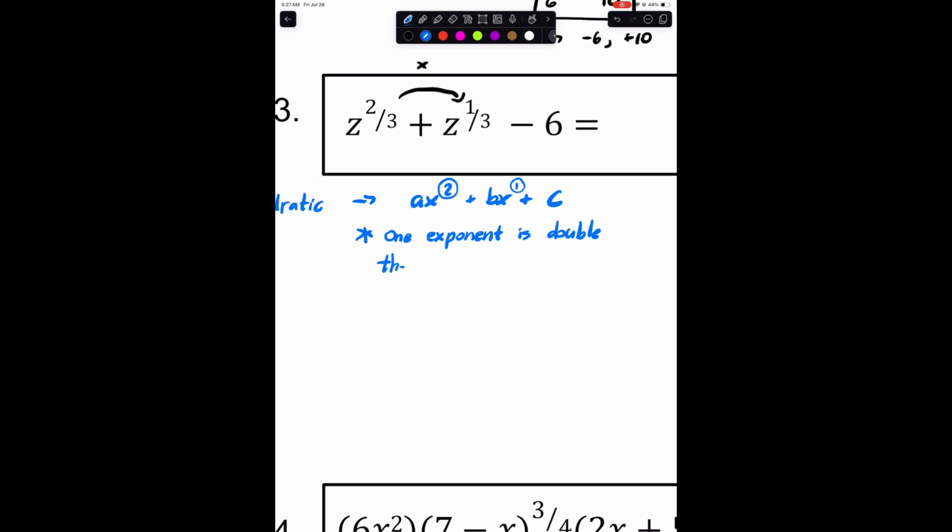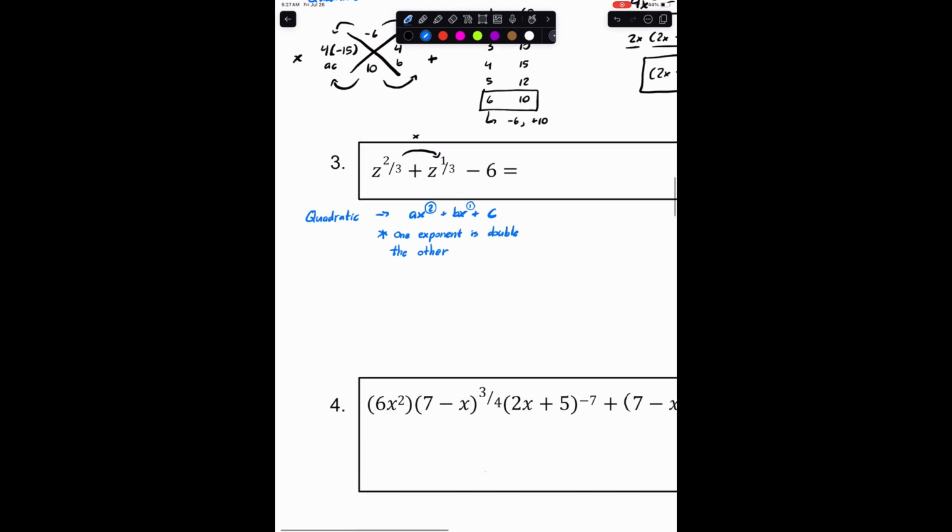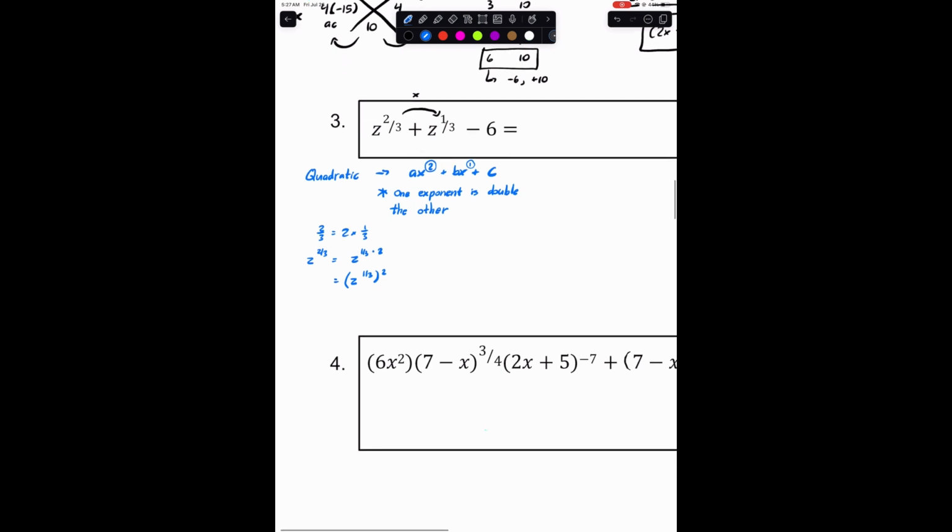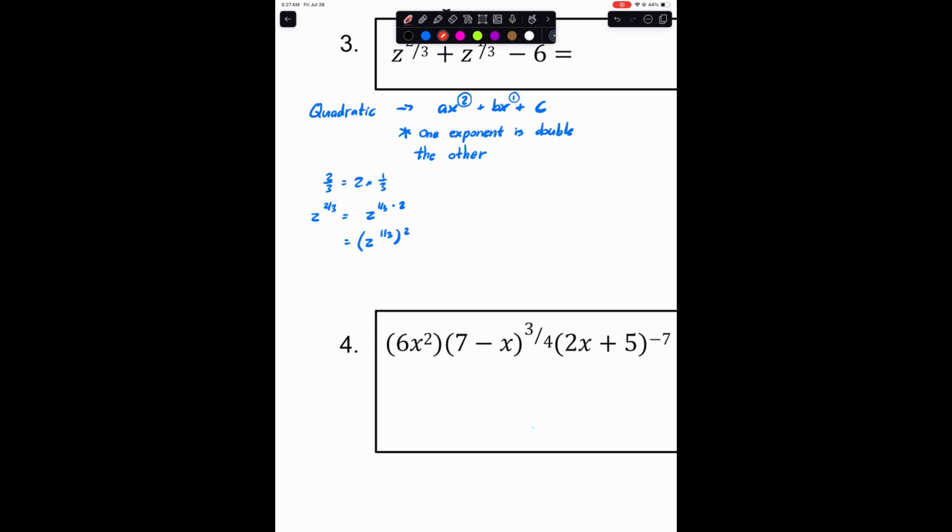The other, okay? And if you notice, 2/3 is 2 times 1/3. So z to the 2/3, if I'm using my exponent laws, is z to the 1/3 times 2, which is z to the 1/3 squared. So that means I can assign this value to be my x.